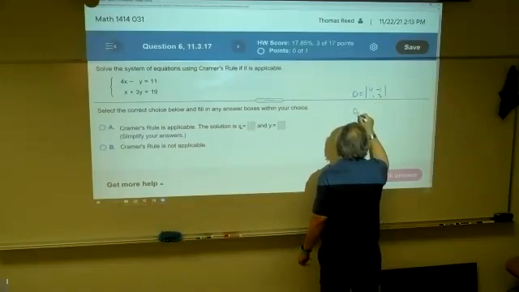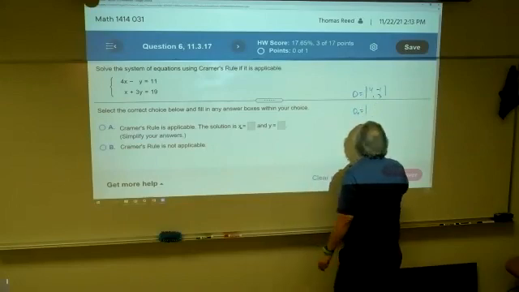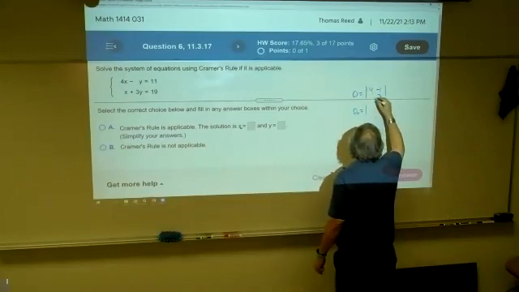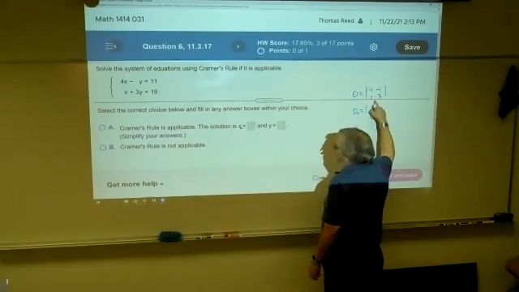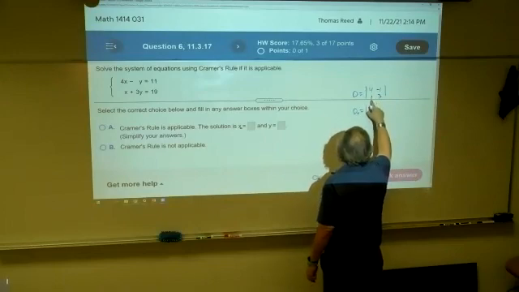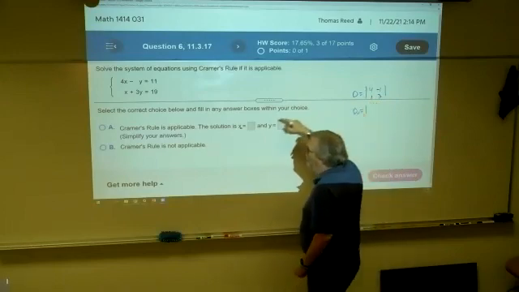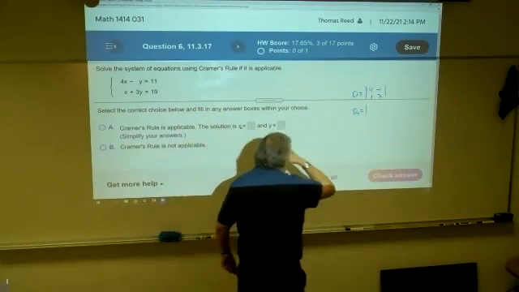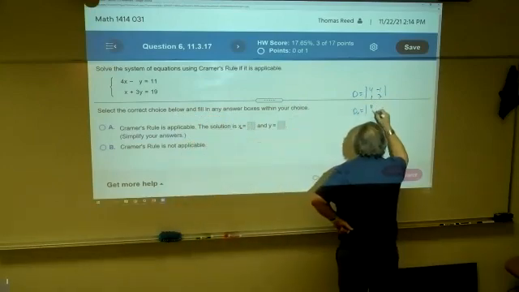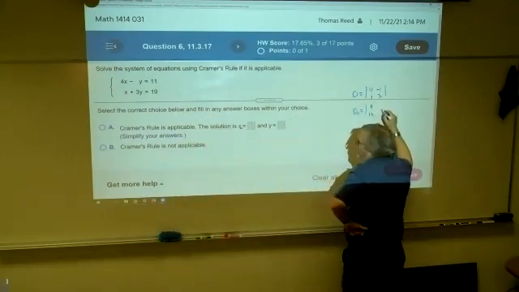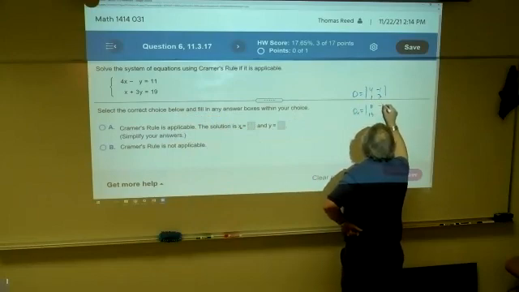D sub x is going to be the determinant of this matrix, with the 1 and the 4 being replaced with the 11 and 19. We have 11 and 19 here, and this is going to be negative 1 and 3.